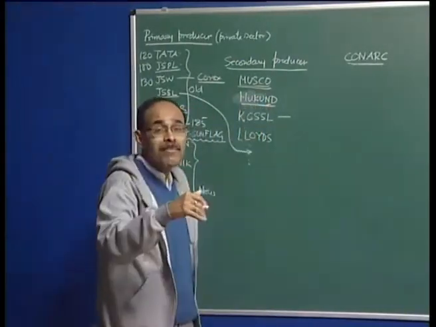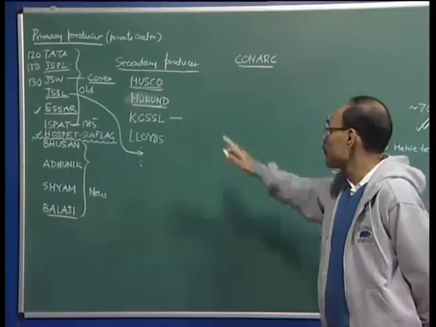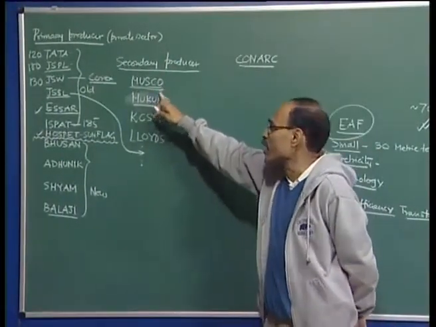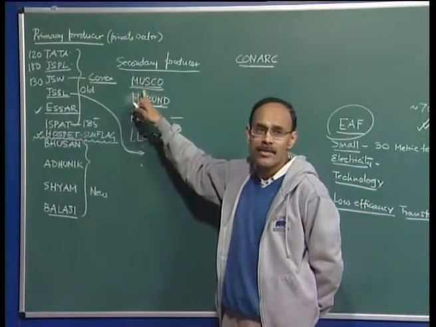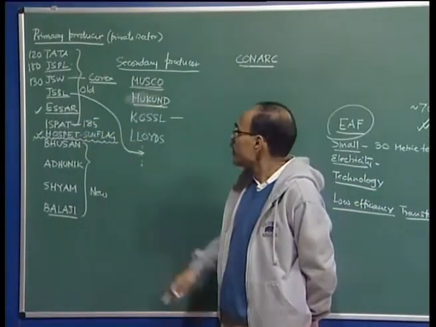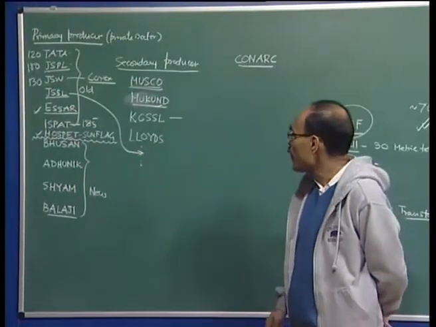That means most of them buy DRI from outside, okay. For example, Masco gets their entire feed of DRI from Ispat. Ispat is located in Dolvi, Masco is located in Khopoli. They are close by in the vicinity of the Raigad district, just on the outskirts of Bombay.